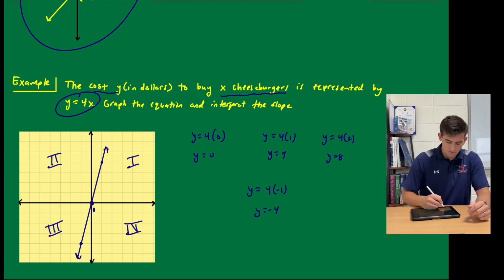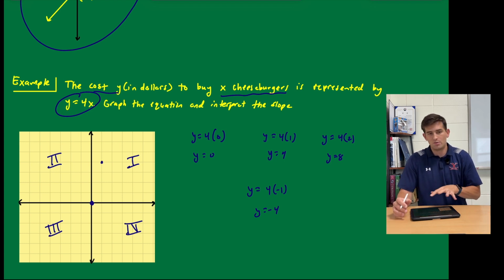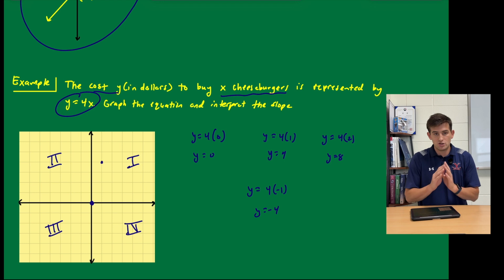Now, most often, okay? So I could actually erase this. Let's take this -1 point away, right? Because we're not going to buy -1 cheeseburgers. It doesn't fit in the context of our problem, right? If you got a question that said, hey, graph y equals 4x, and there's no context, no word problem, it's just y equals 4x, then by all means, you can graph -1, -4.